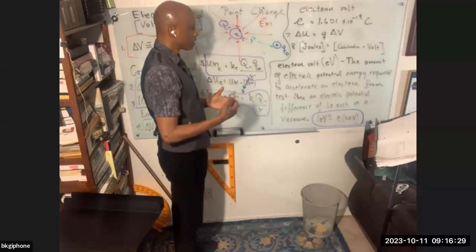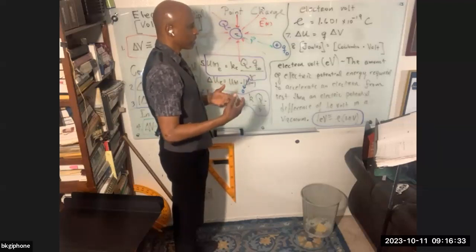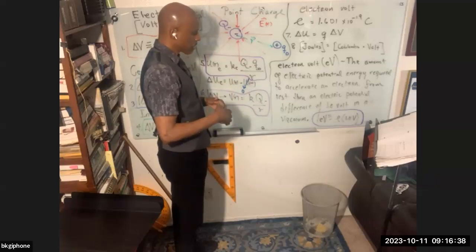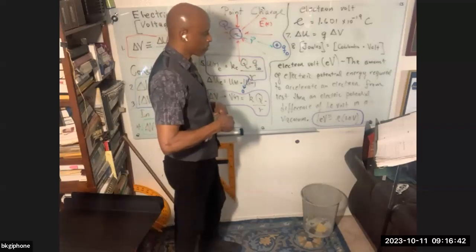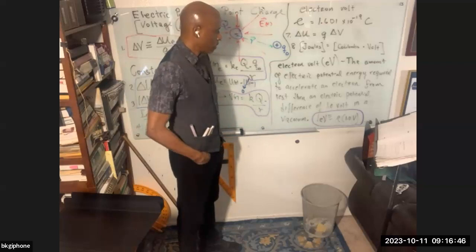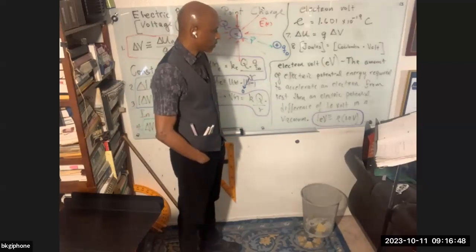So you might see it stated differently, that it's the amount of kinetic energy obtained by an electron as it is accelerated through a potential difference of 1 volt.